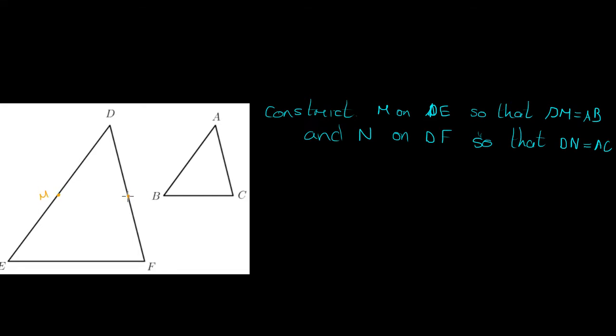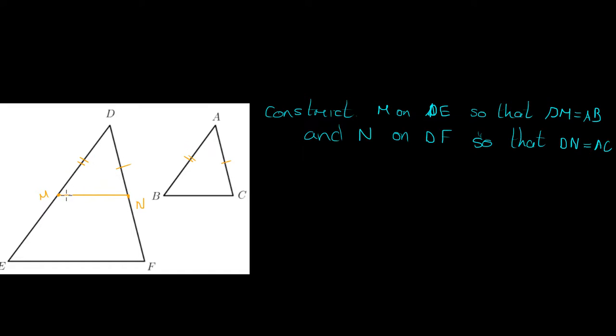And when we connect this, we have that these two are equal, and this one is equal. That is my construction. Now this is going to rely on three parts. I want to show first that these two triangles are congruent.